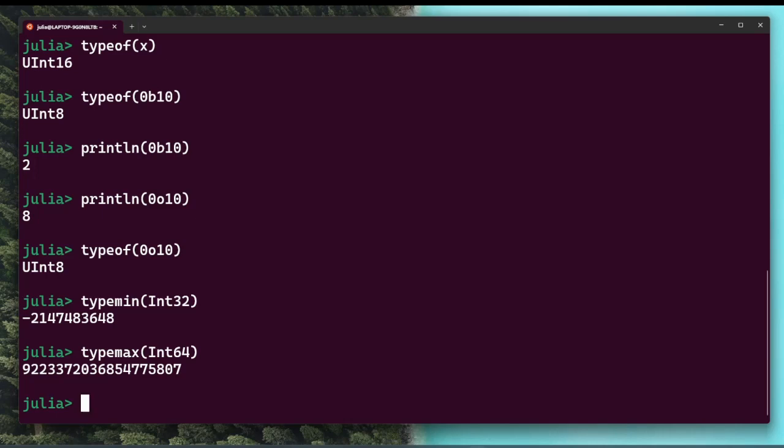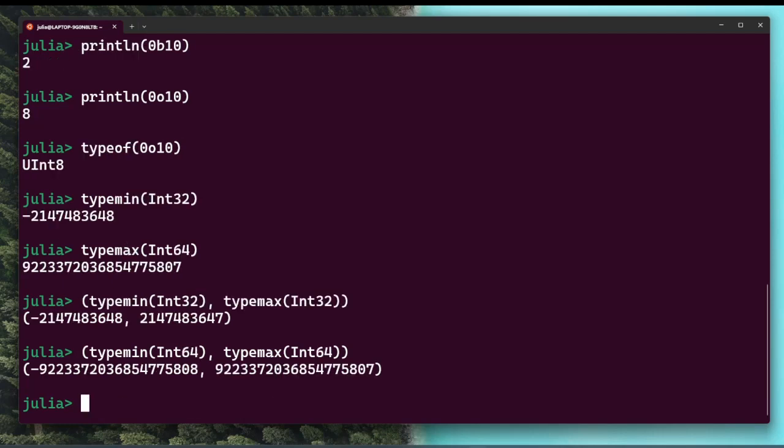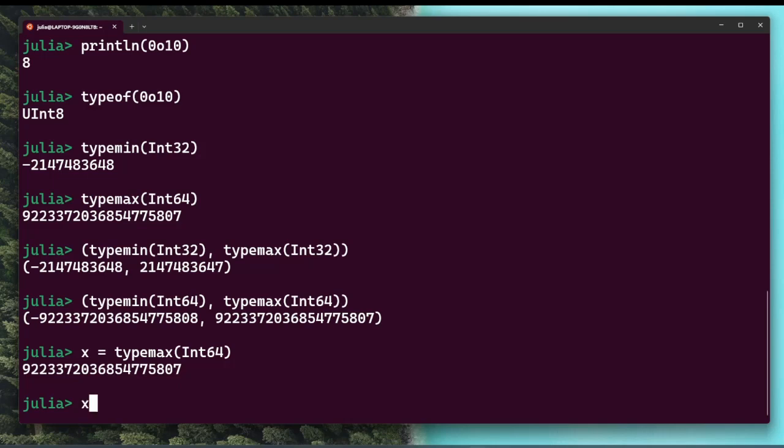In a similar way, I can print the minimum and maximum value of Int32, and similarly we can do it for Int64 if I want.